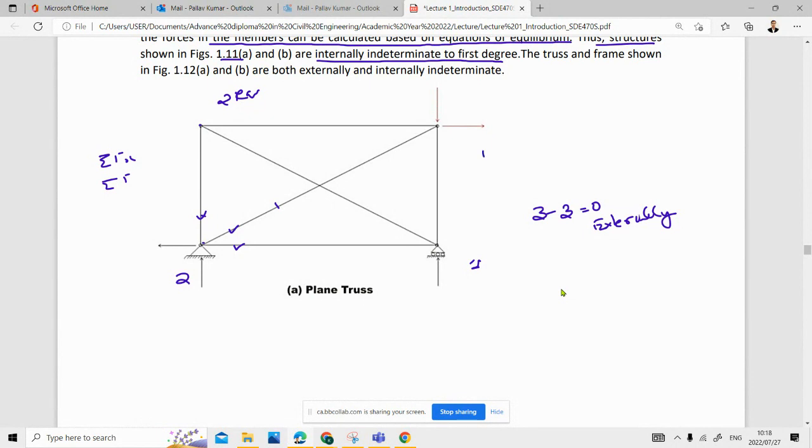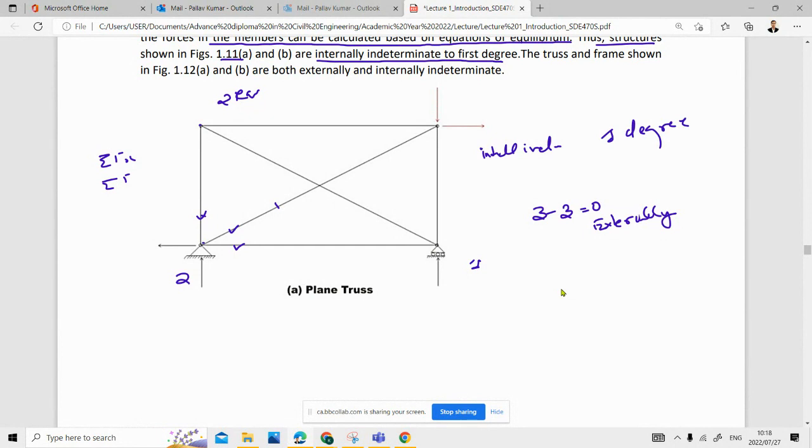So this structure is internally indeterminate of 1 degree. This is what they are trying to explain. So this we call a redundant, right? So many redundants are added in truss members, and that makes the structure internally indeterminate.